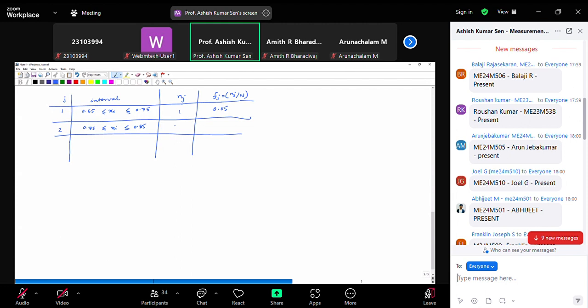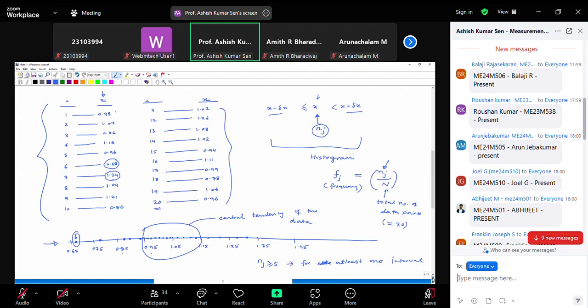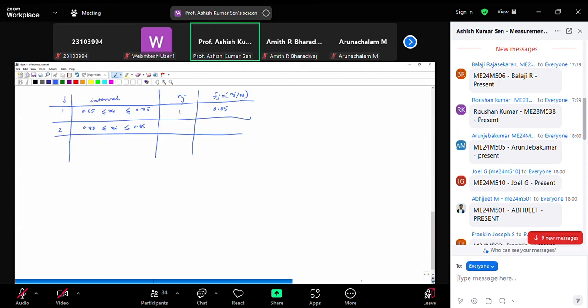If I see my data between 0.75 and 0.85, I have only one data point. So I write nj equal to 1, and this is also 0.05. Now I go to 3: 0.85 less than or equal to xi less than or equal to 0.95.